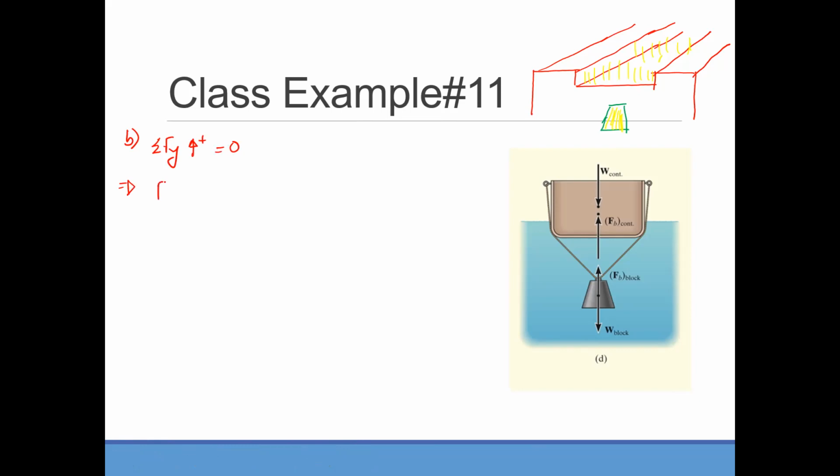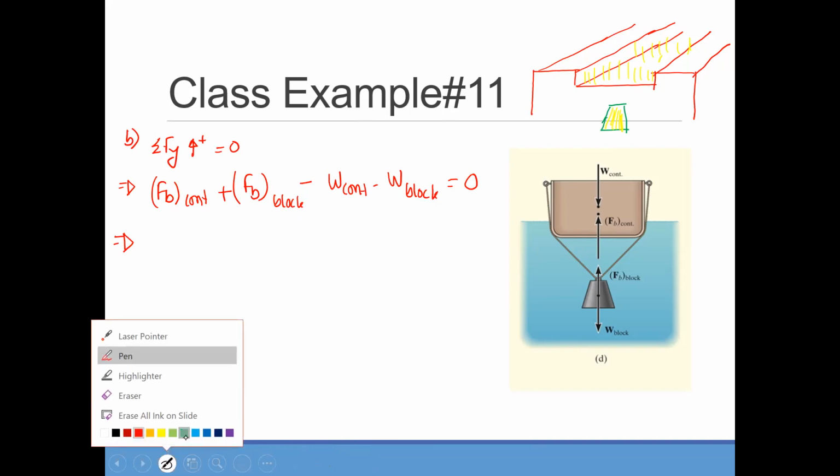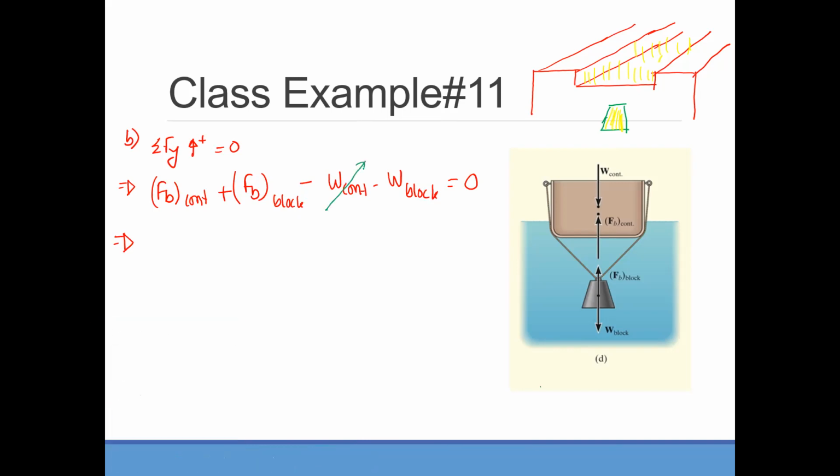So obviously the container and block buoyant forces are acting upward, and the weights are acting downward. Now we already know the weight of the container, which is 135 lb.